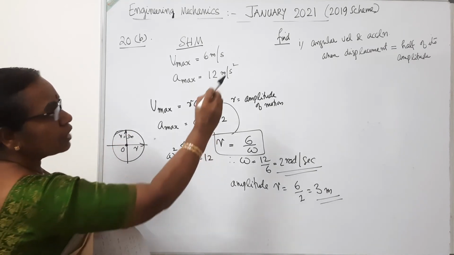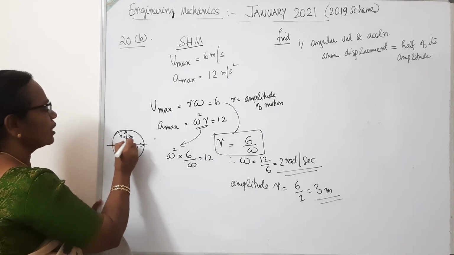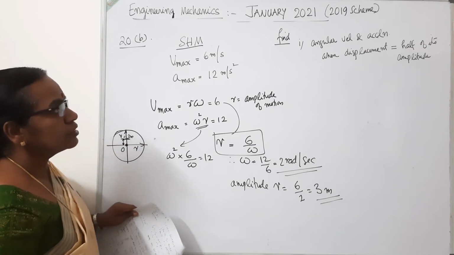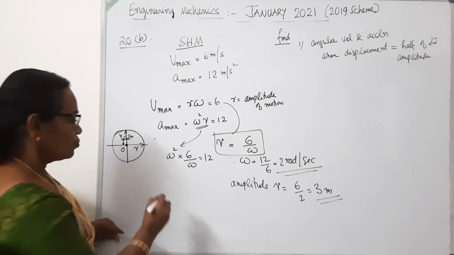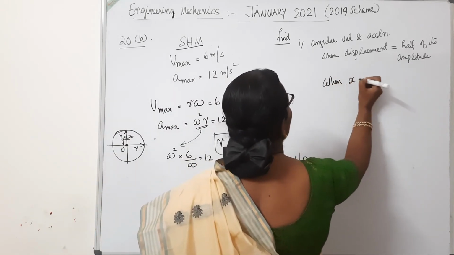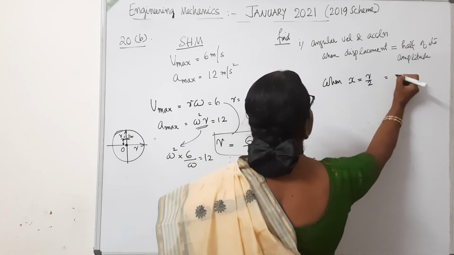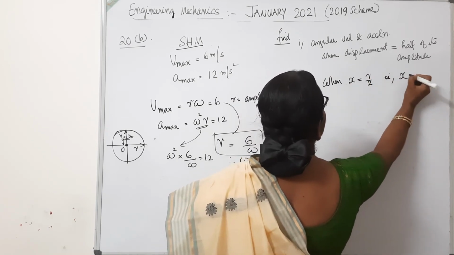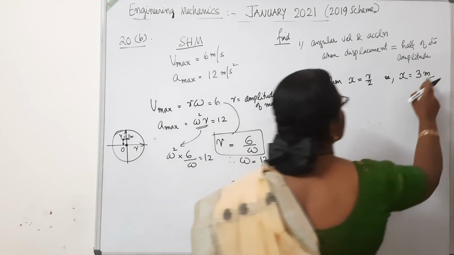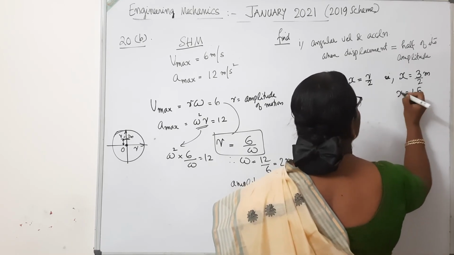Now we are asked to find the velocity and the acceleration when the displacement, that is when the particle is somewhere here, half of its amplitude. So when x, the displacement, is equal to r by 2, that is 3 by 2, x is equal to 1.5 meter.